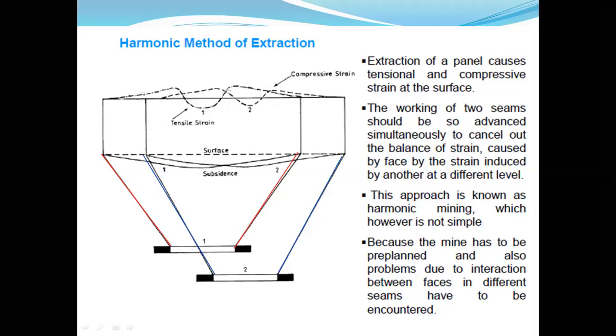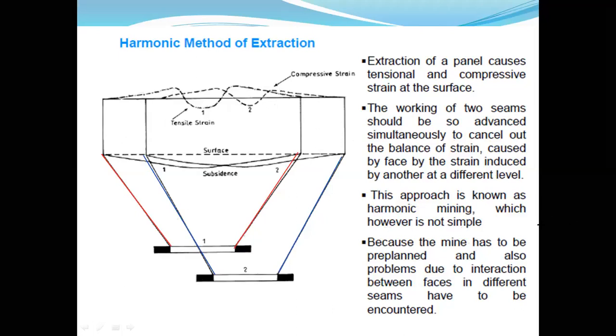See here, this is compression, and this is tensile. These are the strains produced because of the extraction of the next seam, right? So the working of two seams should be so advanced simultaneously as to cancel out the strain induced by another at a different level. So one phase produces whatever strain, and it gets balanced by the extraction of the phase at a different level.